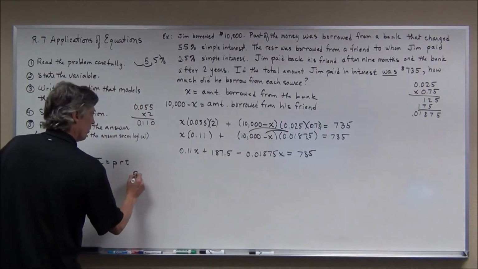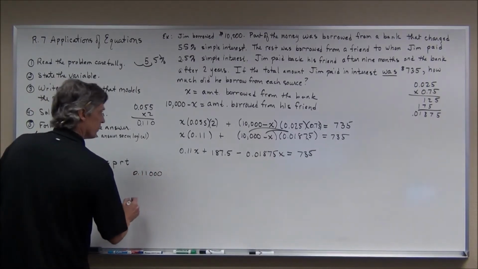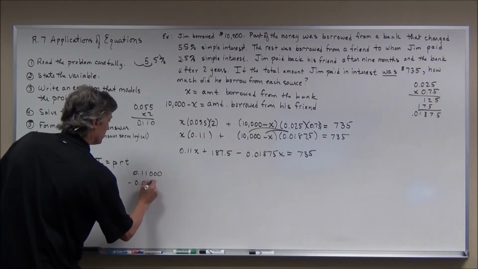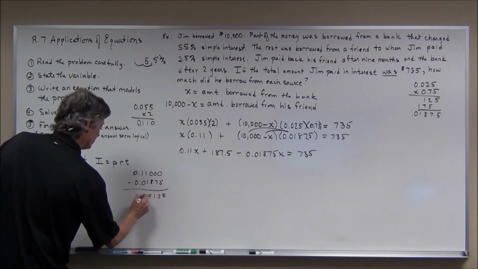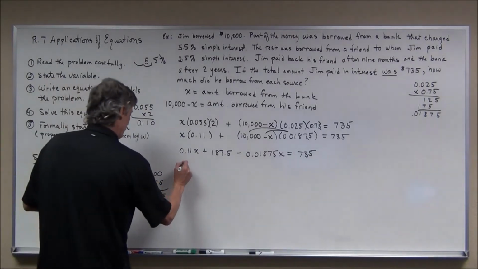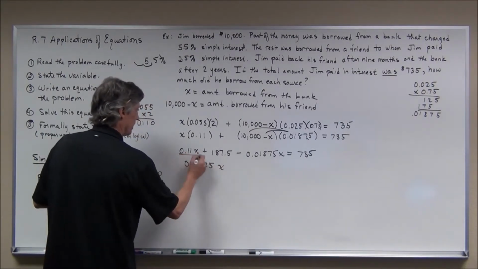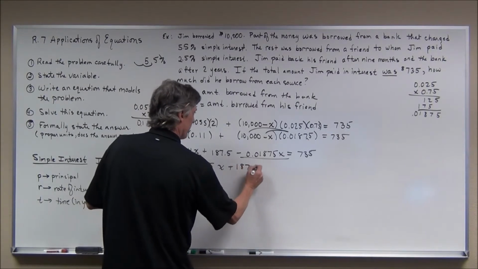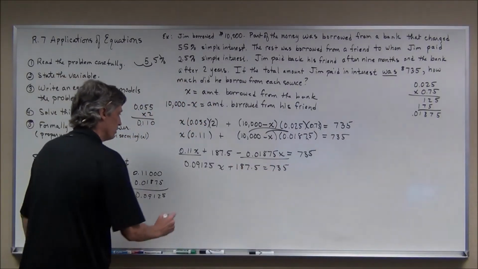So I have 0.11 minus 0.01875, and I'll subtract. So I end up with 0.09125x, combining like terms, plus 187.5 is equal to 735. I'm going to subtract 187.5 from both sides.